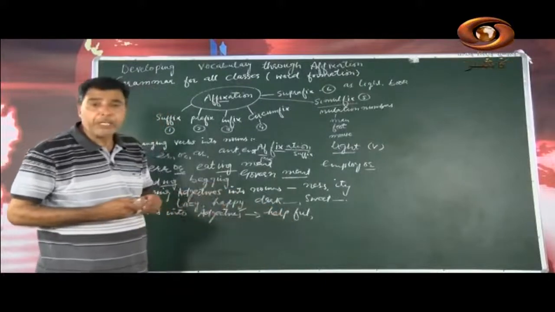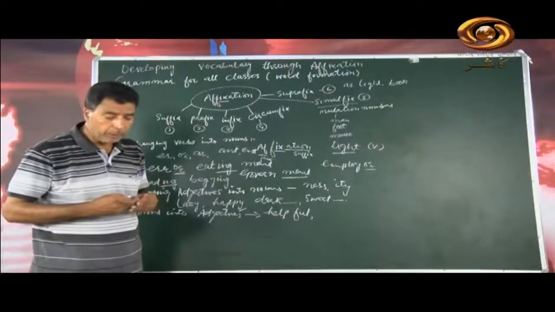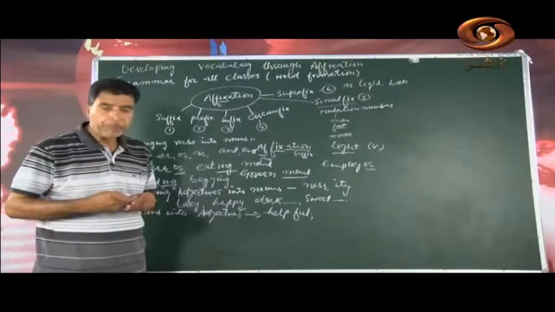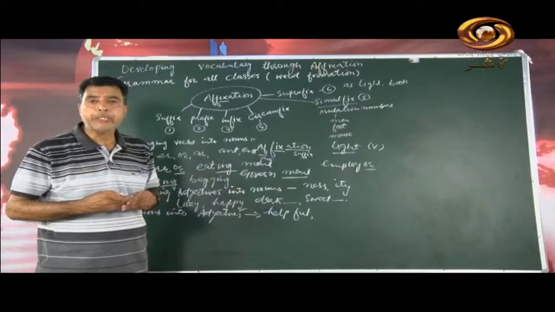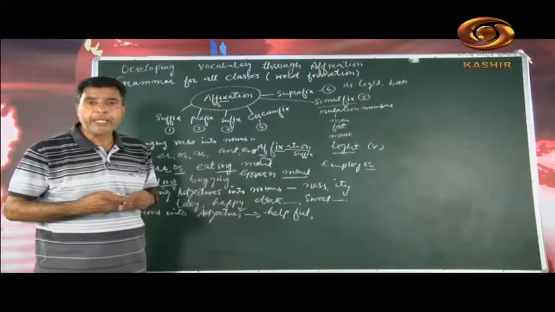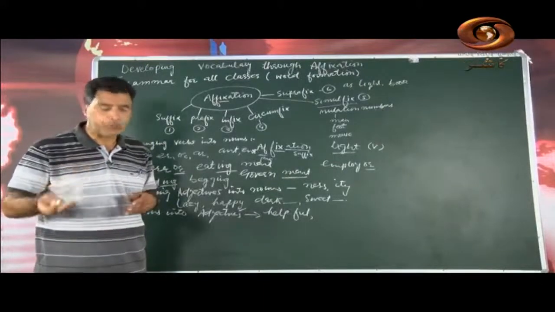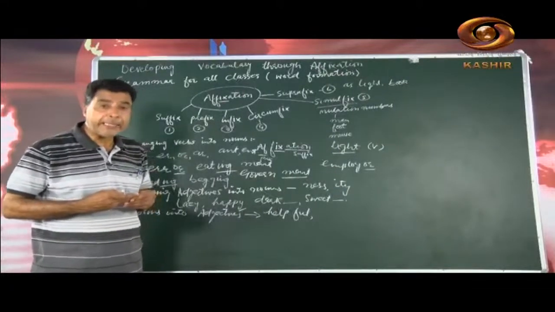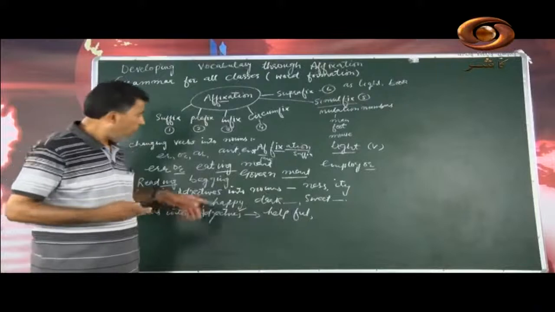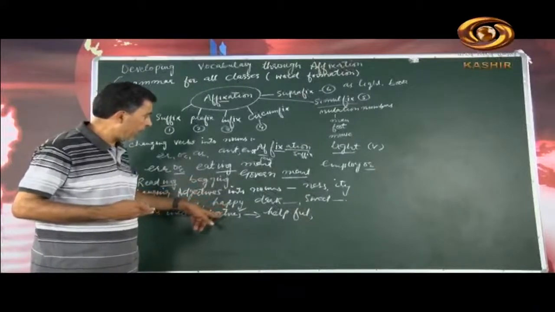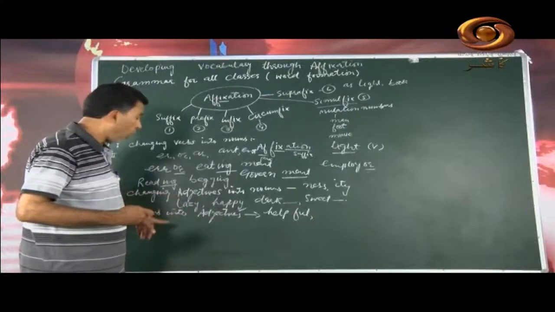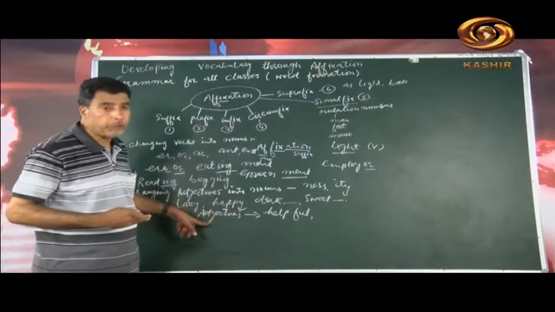Then fear, fearful. Care, careful, very good. Truth is there. Can you make it by adding FUL? Very good, it is truthful. Sometimes we add LESS to a noun, hopeless. Now I have told you that we can form nouns into adjectives.